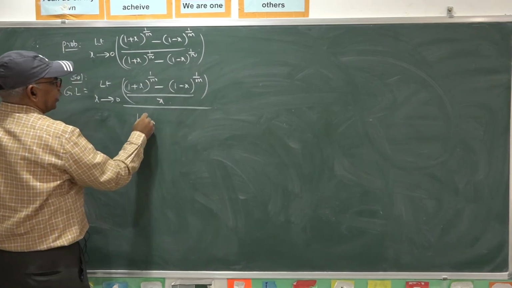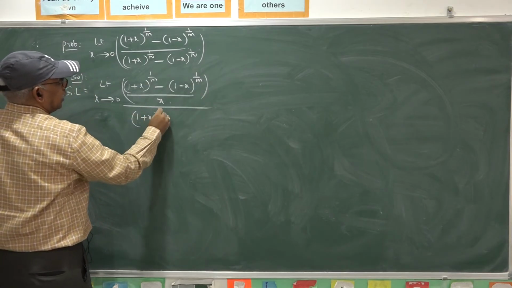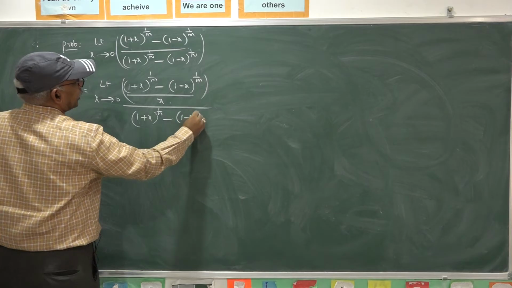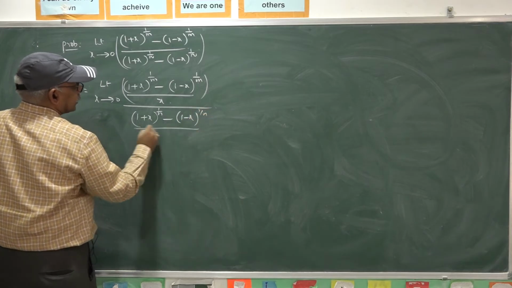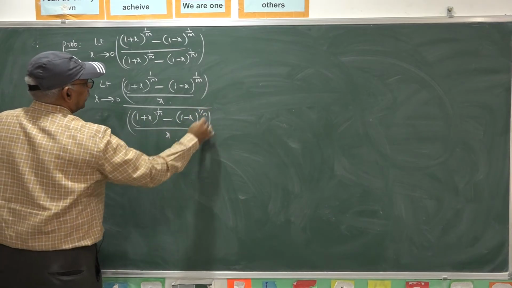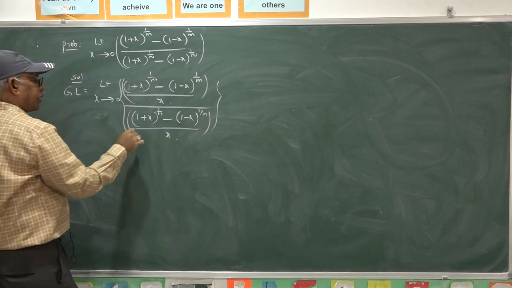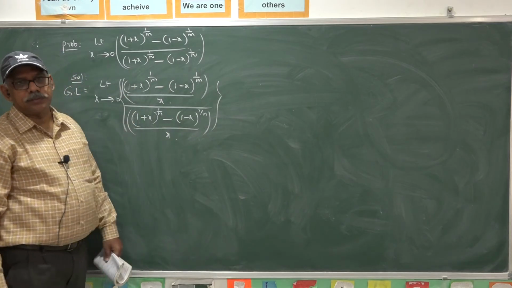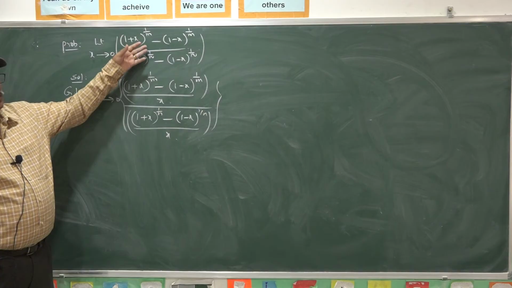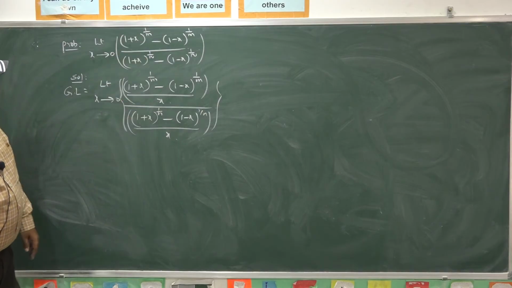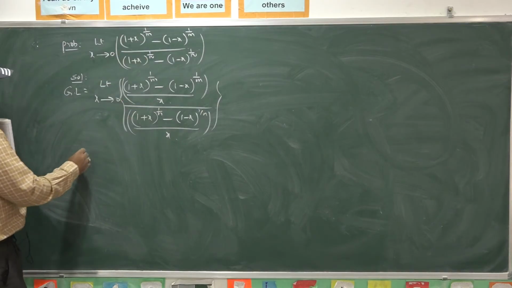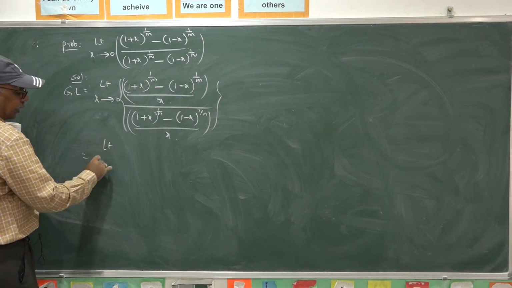Similarly, dividing the denominator with x, (1 plus x) whole power 1 by n minus (1 minus x) whole power 1 by n by x. Simply dividing the numerator and denominator with the same x, no change in the nature of the function. So now apply the limit to the numerator and denominator individually.